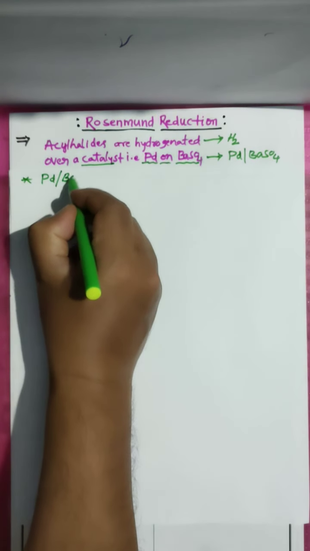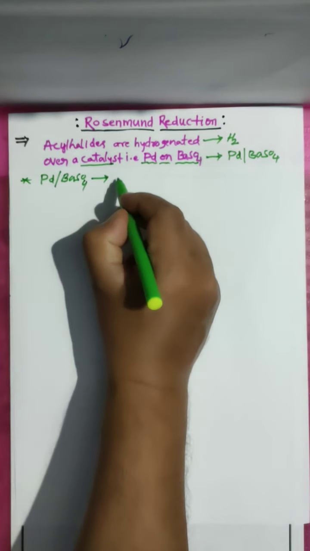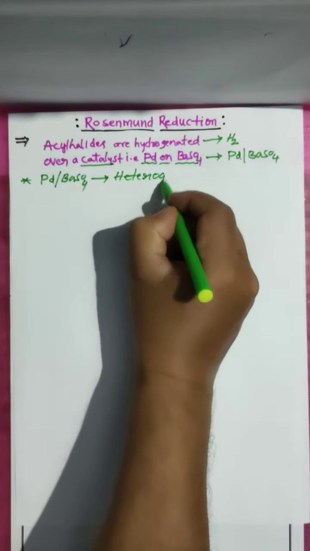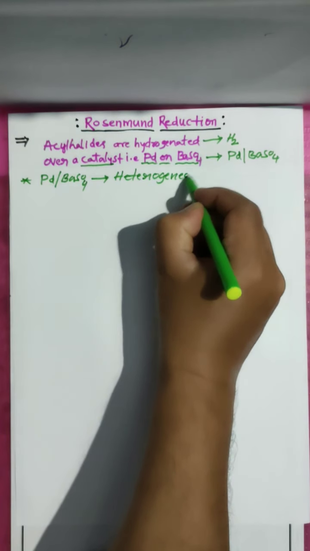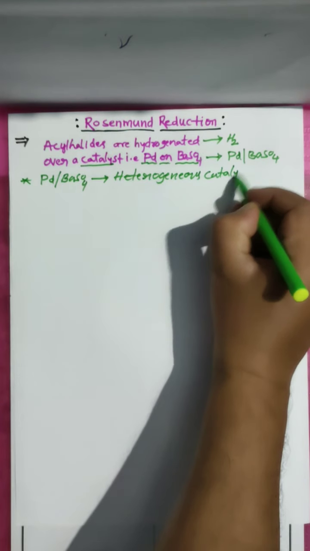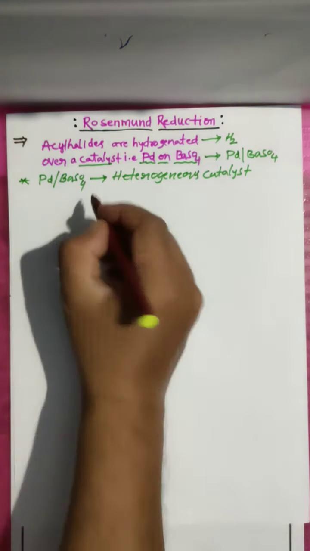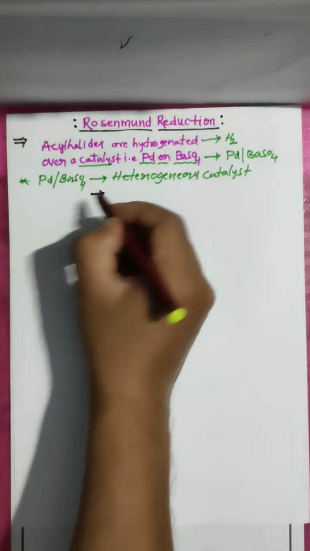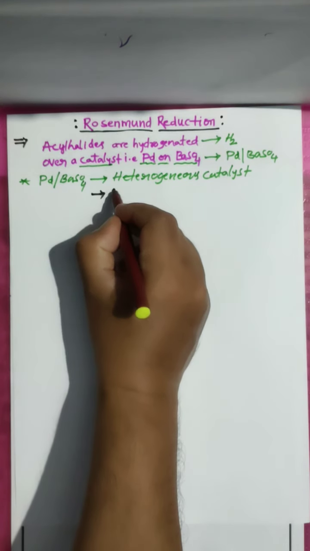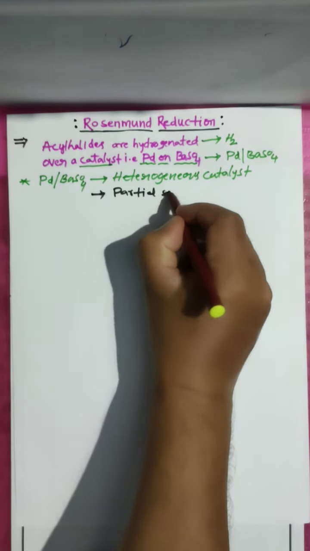Palladium on barium sulfate is a heterogeneous catalyst. Remember this. It is a heterogeneous catalyst, and this we have for partial reduction.